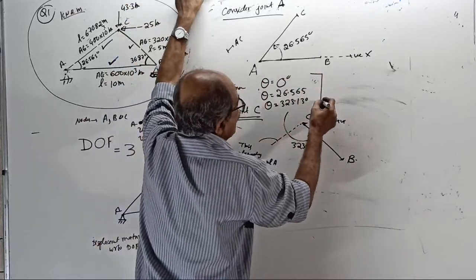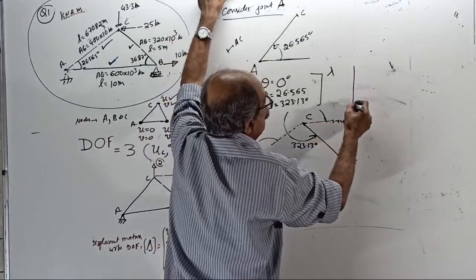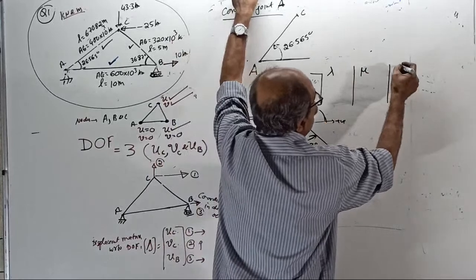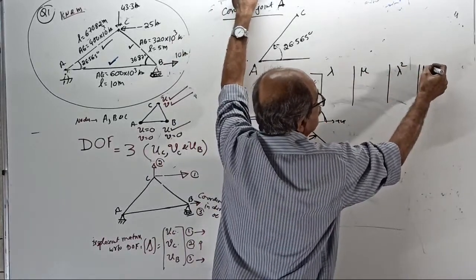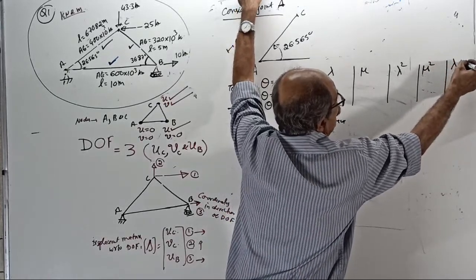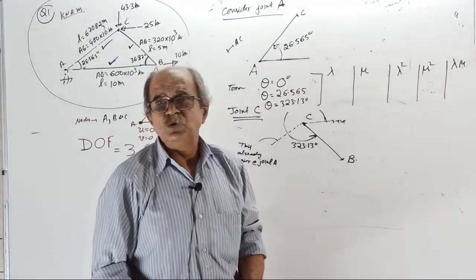Then I will ask you what is lambda, what is mu, what is lambda square, what is mu square, then what is lambda mu. If you tell now, I will prepare the table tomorrow to save time.